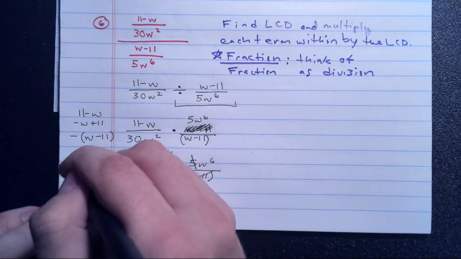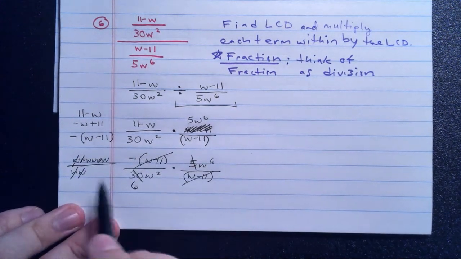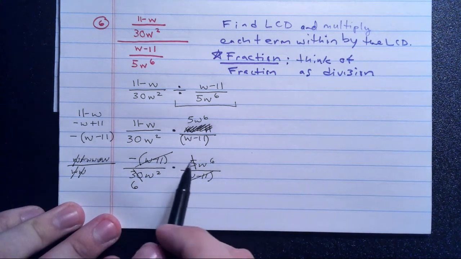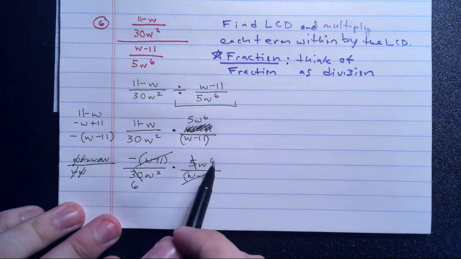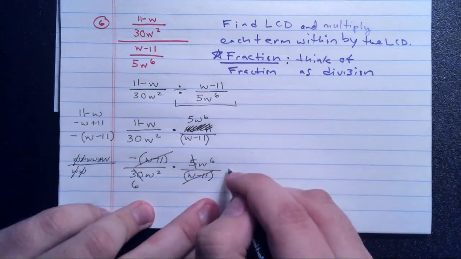Well, think back to what we were doing. I can simplify and simplify and simplify. There are 4 more factors of w in the numerator than in the denominator, which means I would be left with w to the 4th on top. Now you might recall this from Algebra 1, subtracting the exponents and saying that this is w to the 6 minus 2. I'm just again explaining why that works.